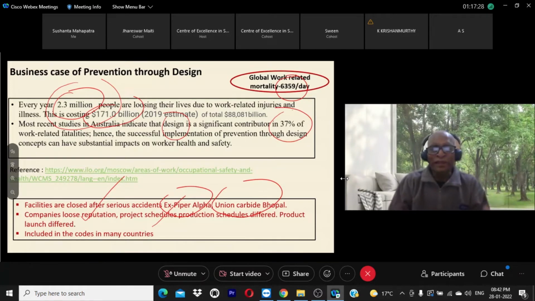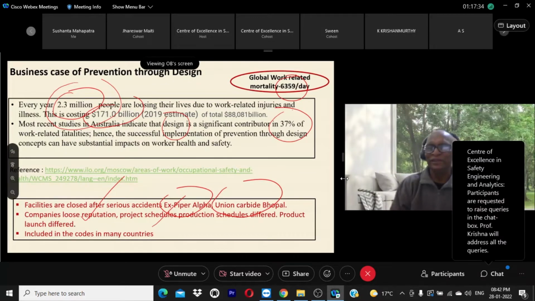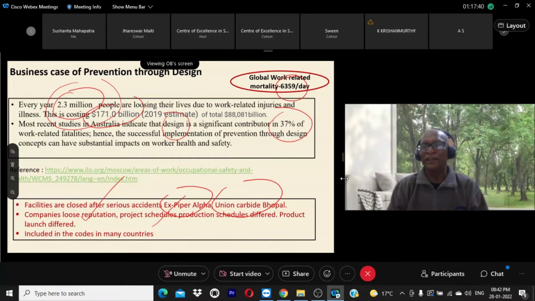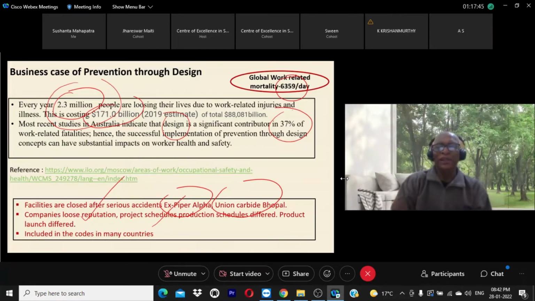Every year, 2.3 million people are losing their lives because of work-related injuries or illness. Every day, around 7,000 people are dying. And there is a 171 billion GDP loss, which we can use for many other purposes if we address this.